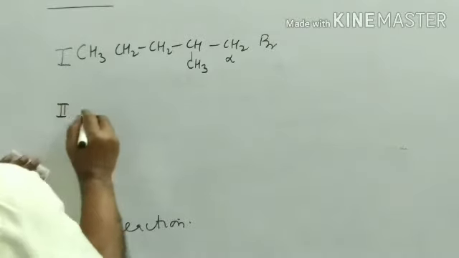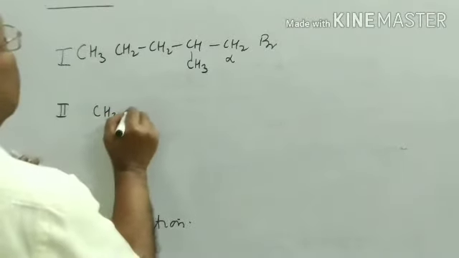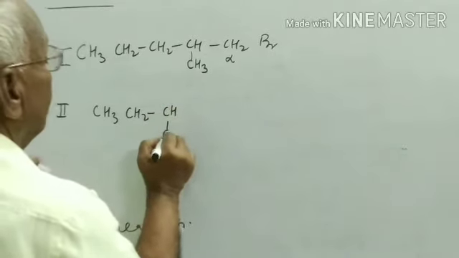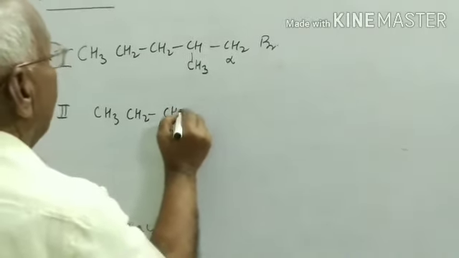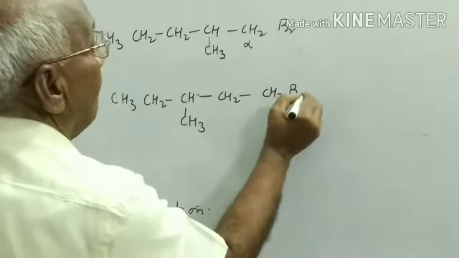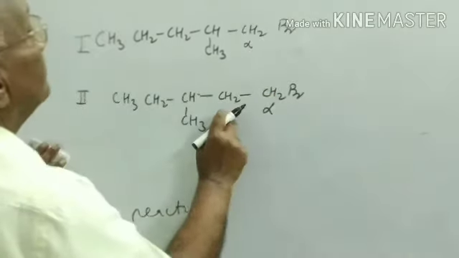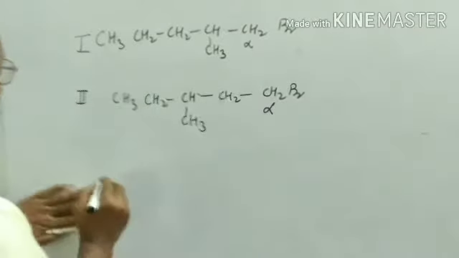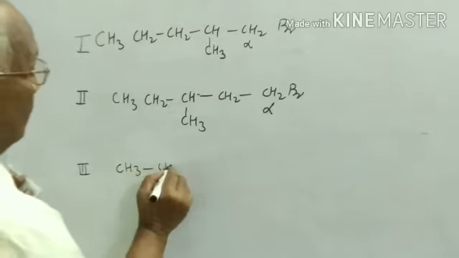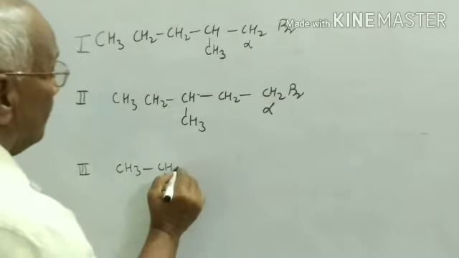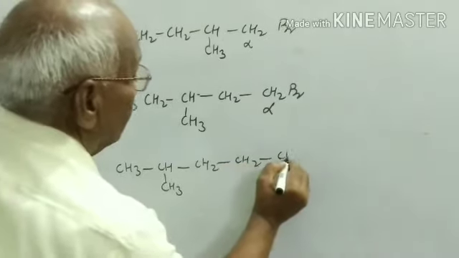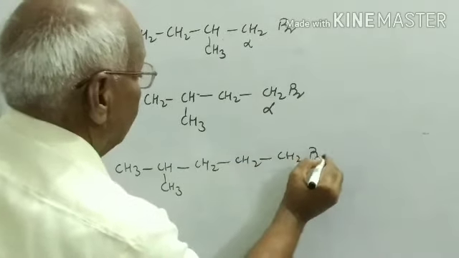Secondly, CH3, CH2, CH, now keep here CH3, CH2, CH2Br. This is the alpha carbon. One more example, third, CH3, CH3, CH2, CH2, CH2Br. This is the alpha carbon.